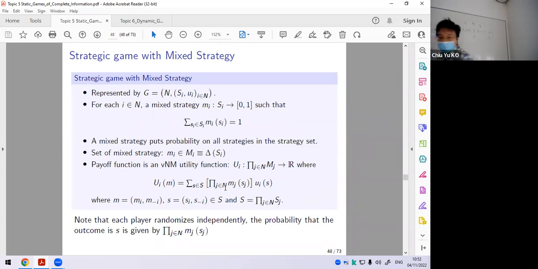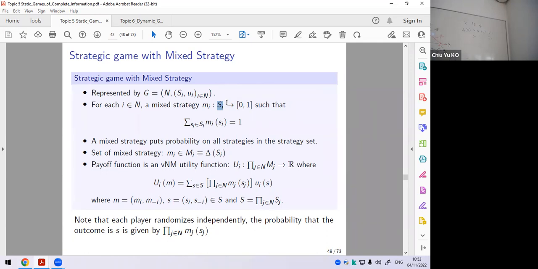So the idea is the strategy now is not the strategy choice S_i from the strategy set, but rather you would assign a probability to each action. Before, you just assigned a degenerate probability, right? You just put one on one of the choices.